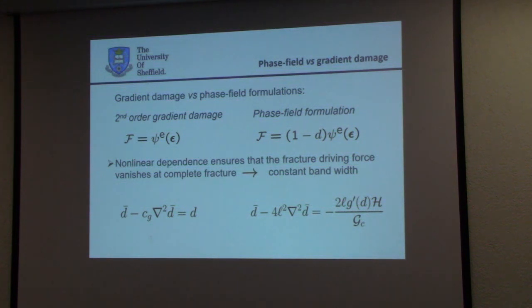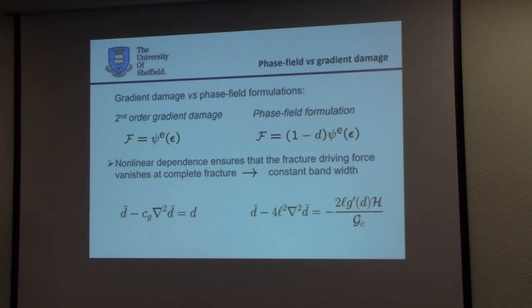So at the end of failure, we don't have additional driving and no propagation. Which is why, as I will show in an example, the broadening does not occur in the wake of the crack for these phase field formulations. So in that case, you have a constant bandwidth in contrast to these gradient formulations.